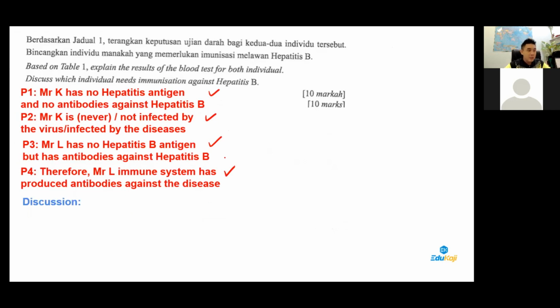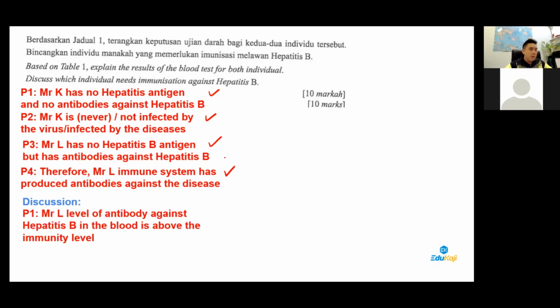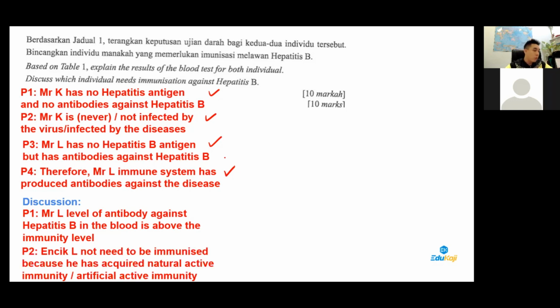So in terms of the discussion, Mr. L is safer than K if we take this disease into consideration, simply because Mr. L's antibody level is way higher, and because hepatitis B is considered natural active, he does not have to go for any jab. Yeah, he has immunity against hepatitis B infection in the future.